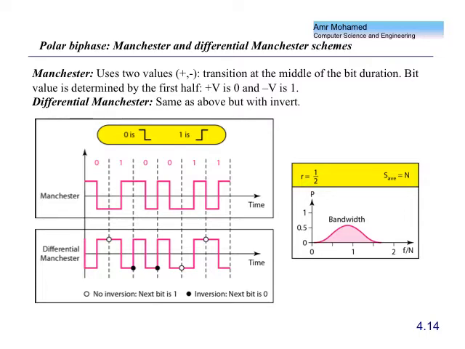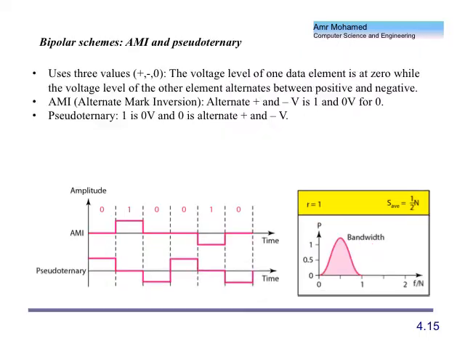So the next scheme tries to resolve this issue of bandwidth. As you can see in the spectrum here, I still have no DC component and the bandwidth is shrinking. So let's see how this happens.